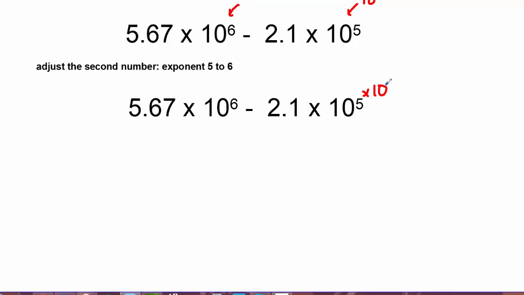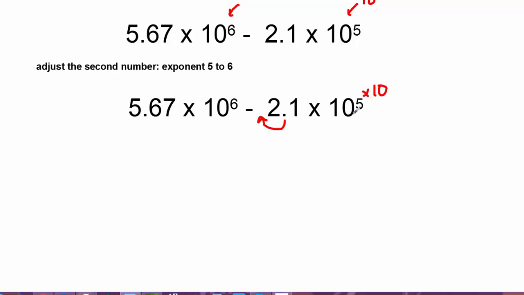If my exponent is going to get bigger, then I need to compensate by adjusting my digits to be smaller. So in other words, if I'm going up by exponent 1 over here on my power of 10, I need to move this decimal place over to the left by 1 as well. You're always compensating. So if your exponent's getting bigger, your number's getting smaller, and vice versa.